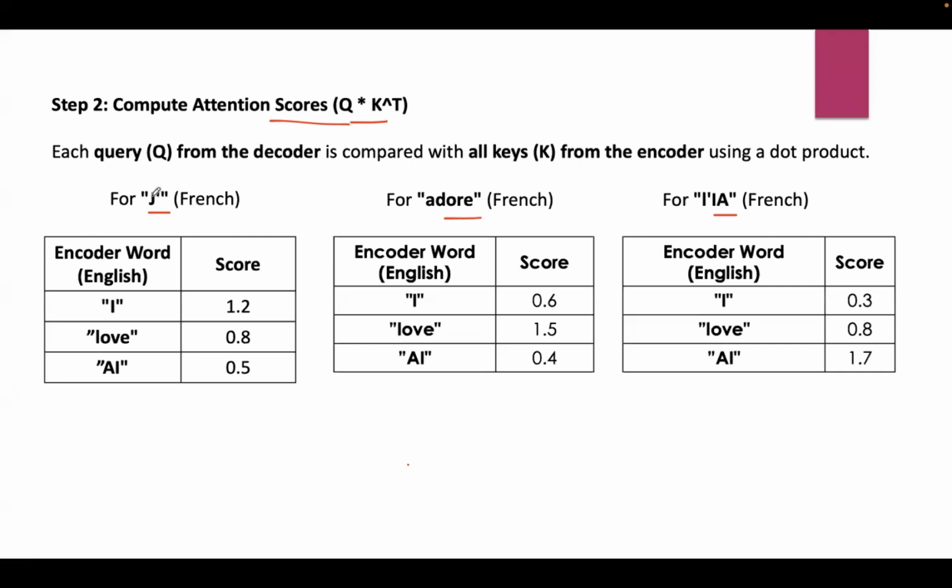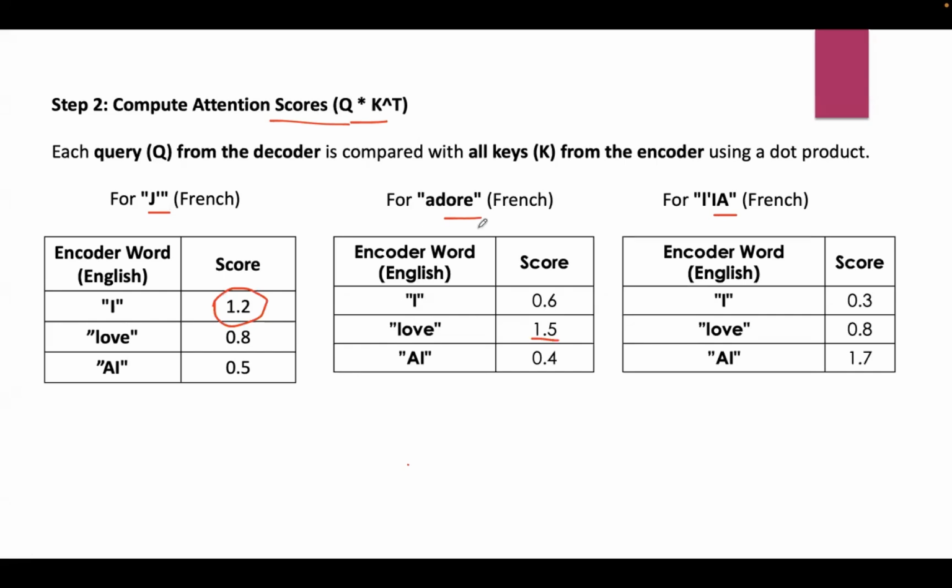If you take the word J', it is compared with all the other words in English, I love AI. You can see that this J' is mostly aligned with the word I, as it has the highest score or highest attention. Similarly, the word adore is compared with all the words, and you can see the highest attention score is assigned to the word love.